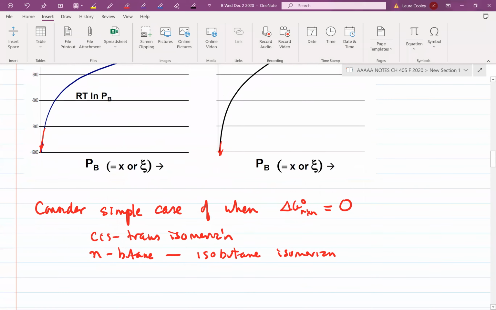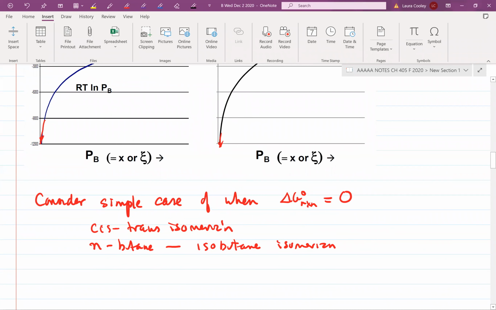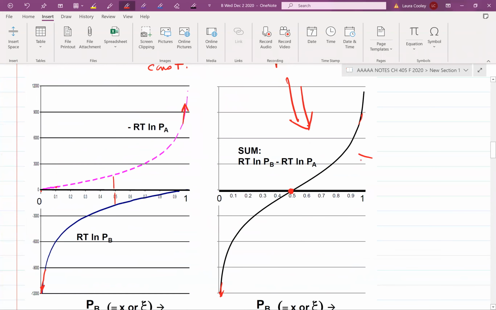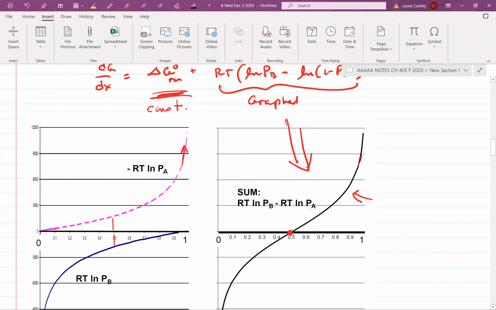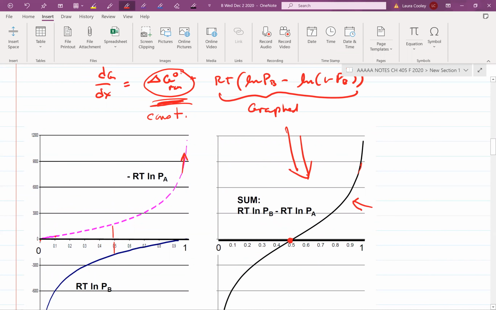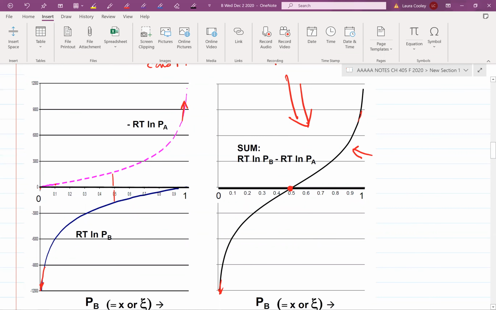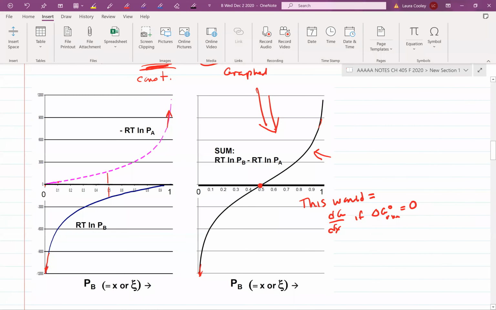So if you had a reaction where the Gibbs free energy of reactants and products were the same, then this would be dG/dx. If delta G0 were equal to 0, then this would actually be how the Gibbs function changes as a function of extent of reaction. And in that case, you can see here's a 0.